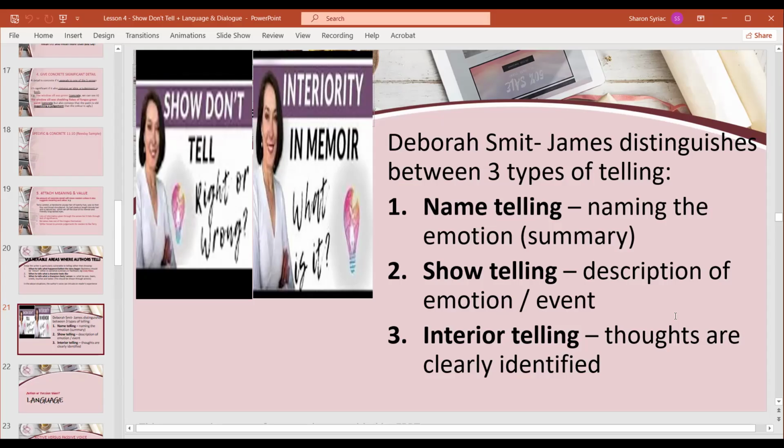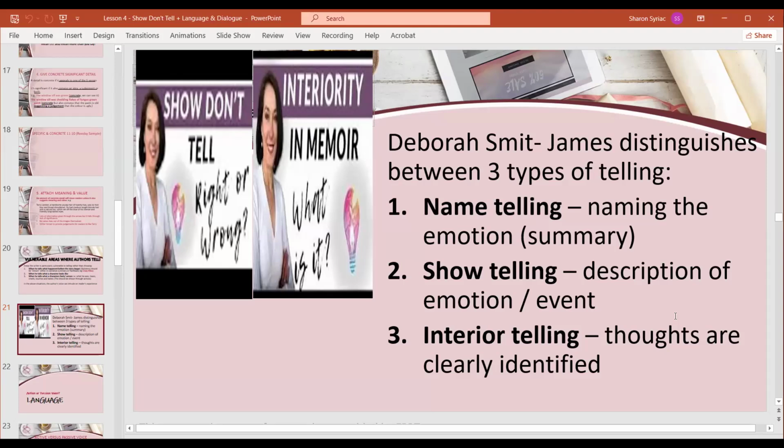Another type of telling is the type that I've been talking about, that you have to do to engage your reader: show telling, where you describe the event or the emotion. And the third type of telling that she talks about in creative nonfiction is interior telling.